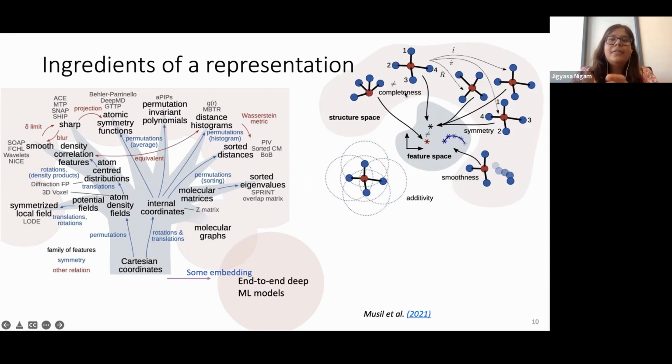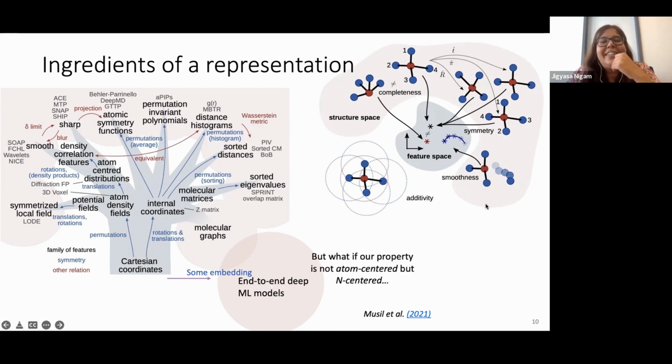And then there is this idea of completeness, because we are constructing this intermediate function that takes our structure to the input of our model. We'd like that distinct inputs be mapped to distinct outputs. Otherwise, we have lost the advantage of constructing this intermediate function in the first place.